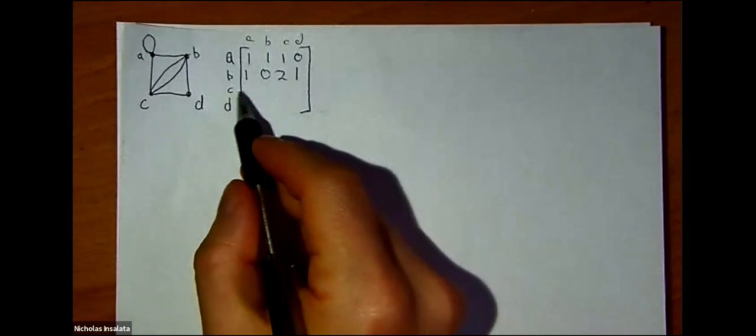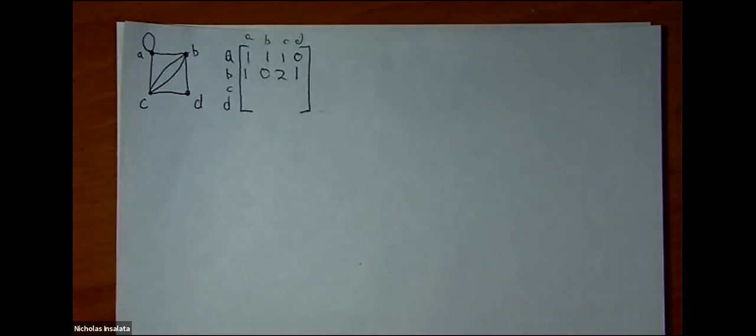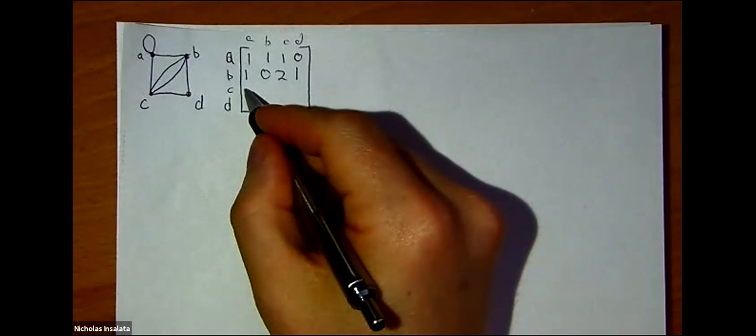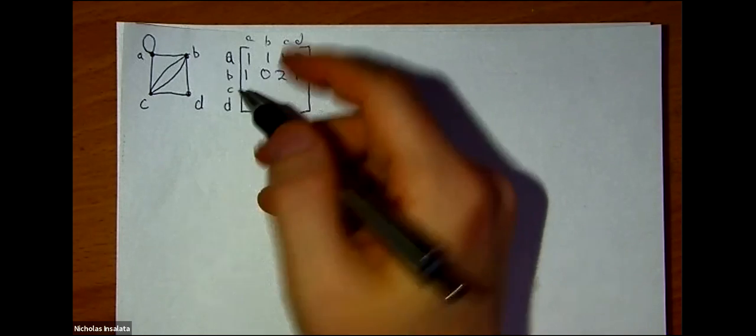So the C connections to A, B, C, and D. What have we got here in this third row? Okay, so the number of connections from C to A. What have we got? Okay, 1, 2, 0, 1.